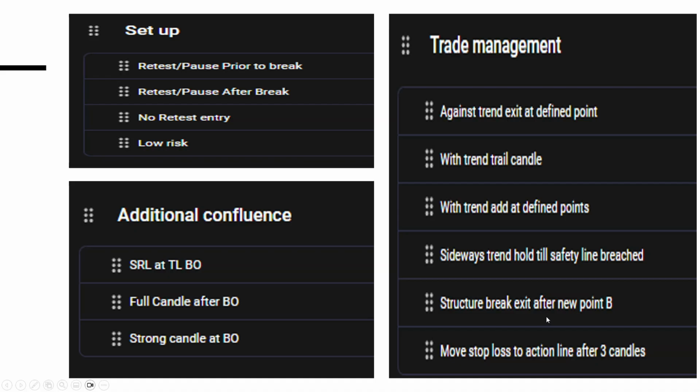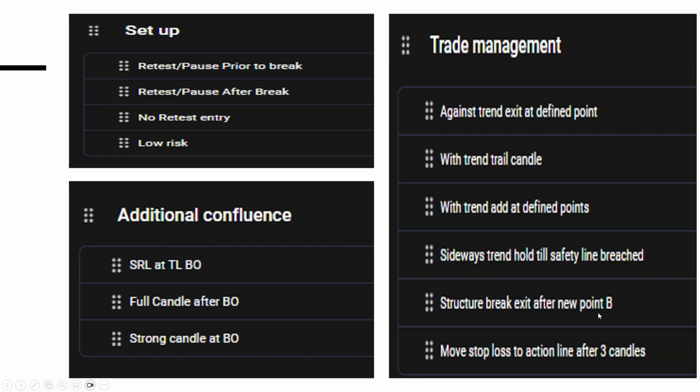Structure break. The candle, the movement, the price action of the break is good. We get up and it starts breaking down. Once it pulls back, and I have defined criteria for this, I'm not going to go into details. I know what this means, but it's going to come back.